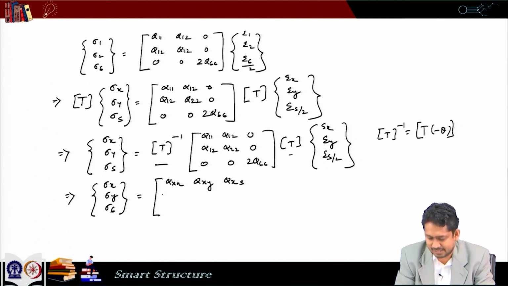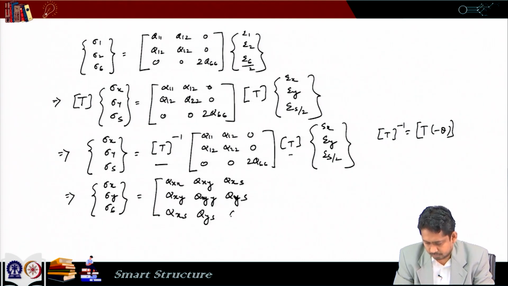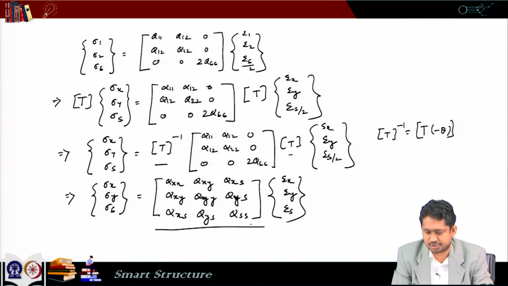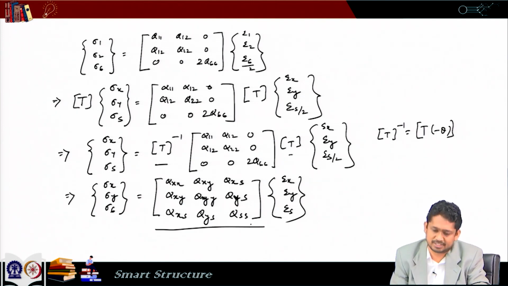So, after doing all the adjustment, whatever we get here we can write in this form: epsilon x, epsilon y, epsilon s. So, this becomes our new constitutive relation with respect to the x y system.